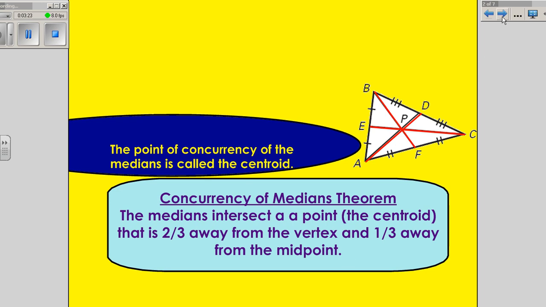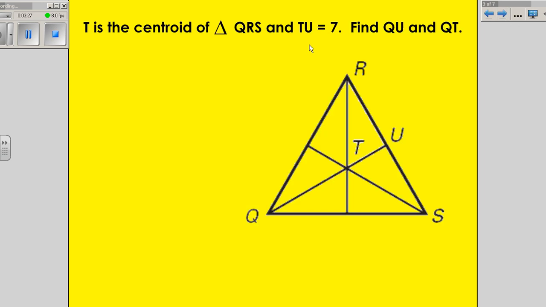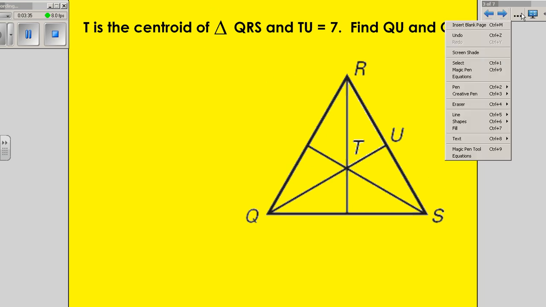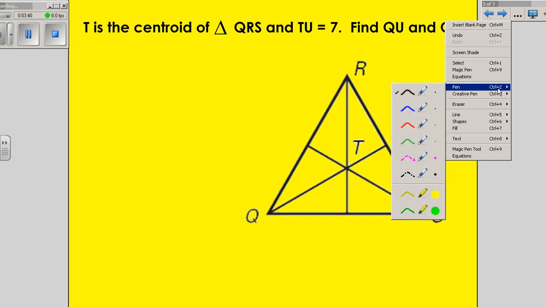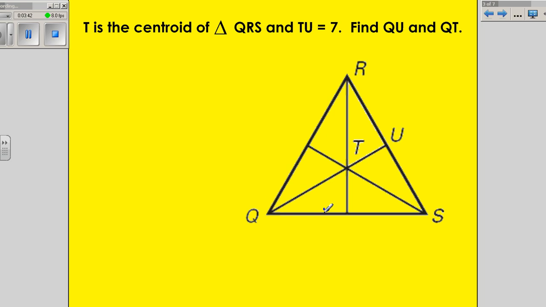So how does this play out in the different types of problems we're going to have to do? Well, let's say we're given that T is the centroid of triangle QRS. Knowing that that's the centroid, we know that we have the medians drawn here. We know that these segments are going to be congruent because the medians are formed by taking the vertex and drawing a segment that connects to the midpoint of the opposite side.